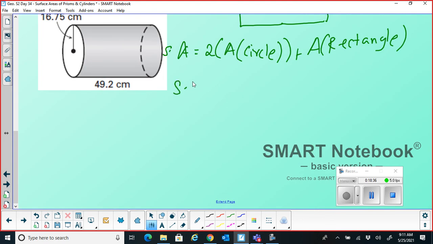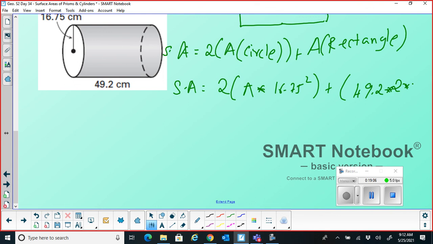So the surface area is going to be 2 times pi r square, where the radius is 16.75, plus area of rectangle, which is 49.2 times 2 times pi r, because the other side of the rectangle is the circumference of the circle, that is 2 times pi times r, which is 16.75.